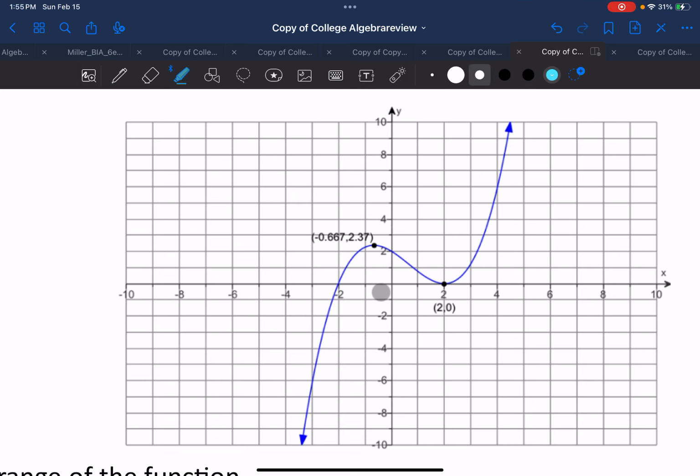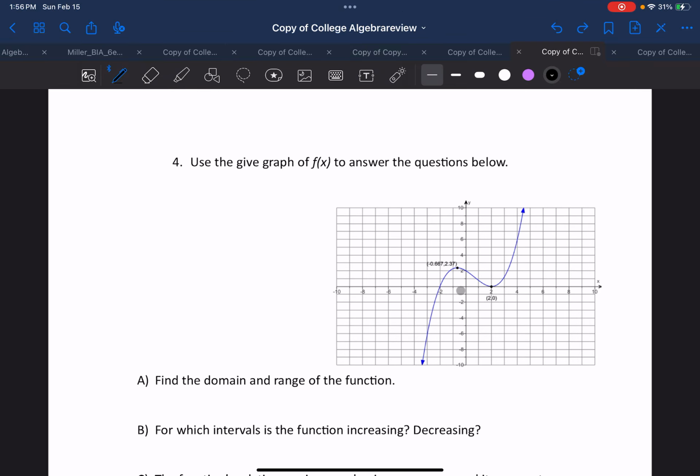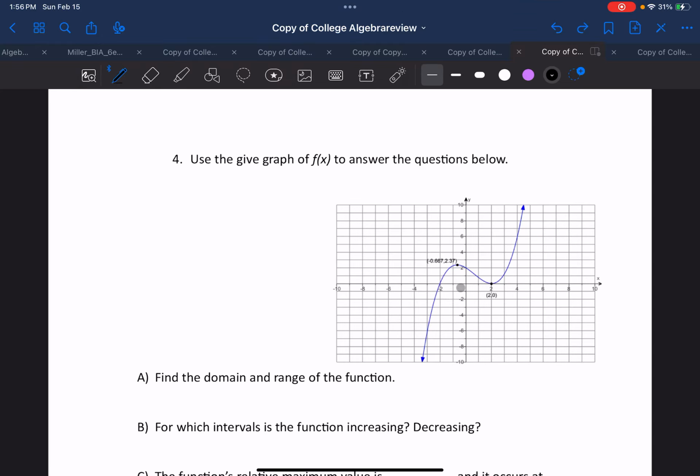Again, because this function's going forever to the left and forever to the right, this domain would be -infinity to infinity again, because there will always be an x value associated with some point, no matter what x value you pick.